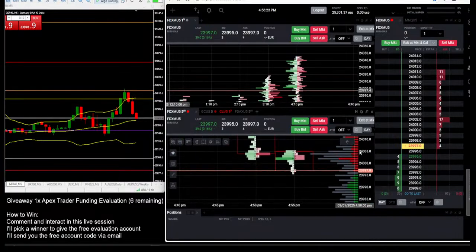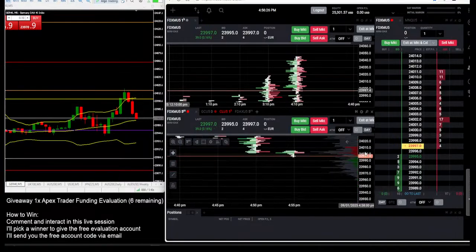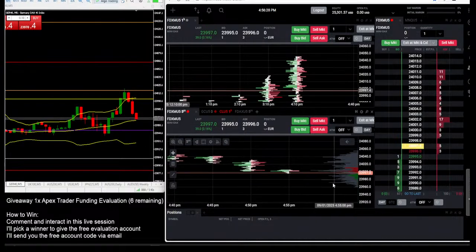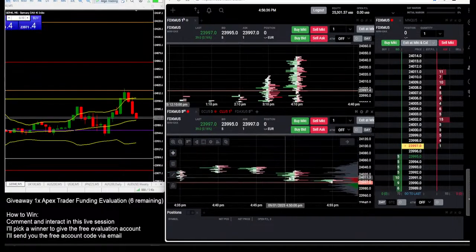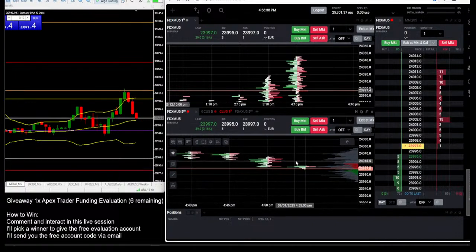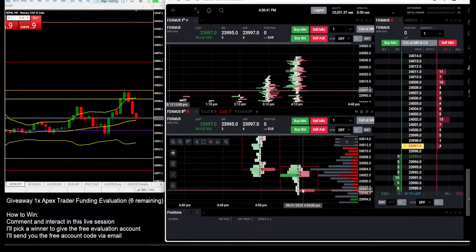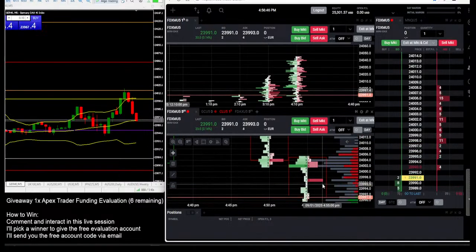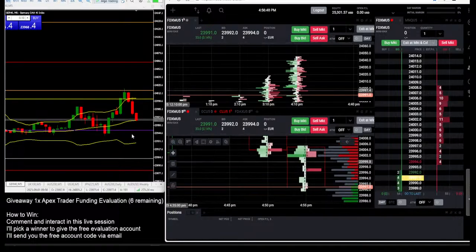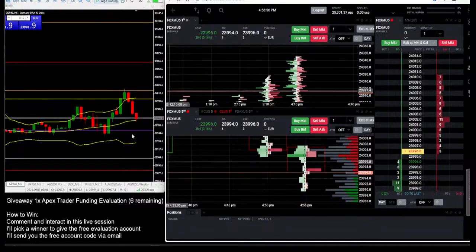I'll just zoom out and see if there's a bit of an order profile, volume profile to look at. Doesn't really tell me much on this chart, for example. So I'll zoom back in. So we've got 4 minutes. We're floating down towards that close gap. From this price point, I wouldn't particularly be looking to get in short.